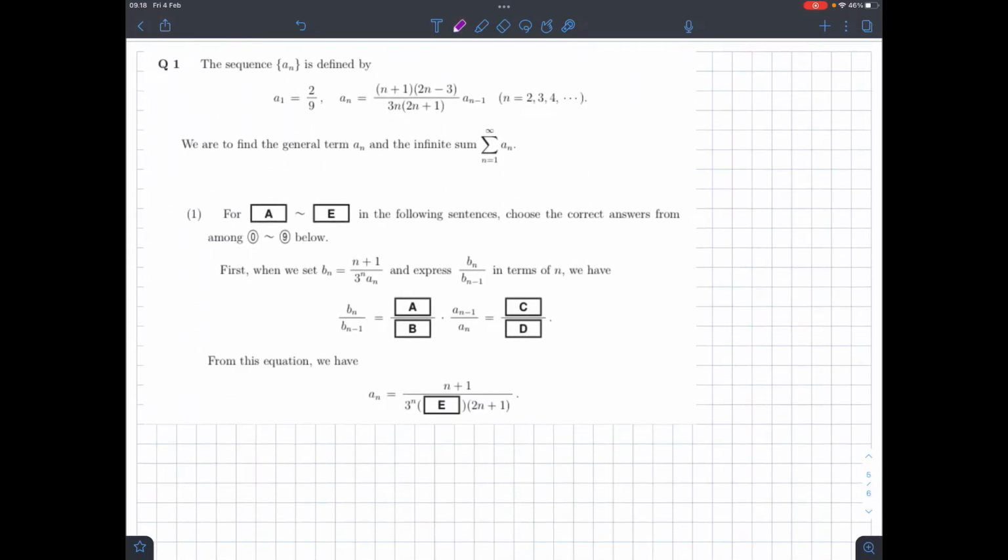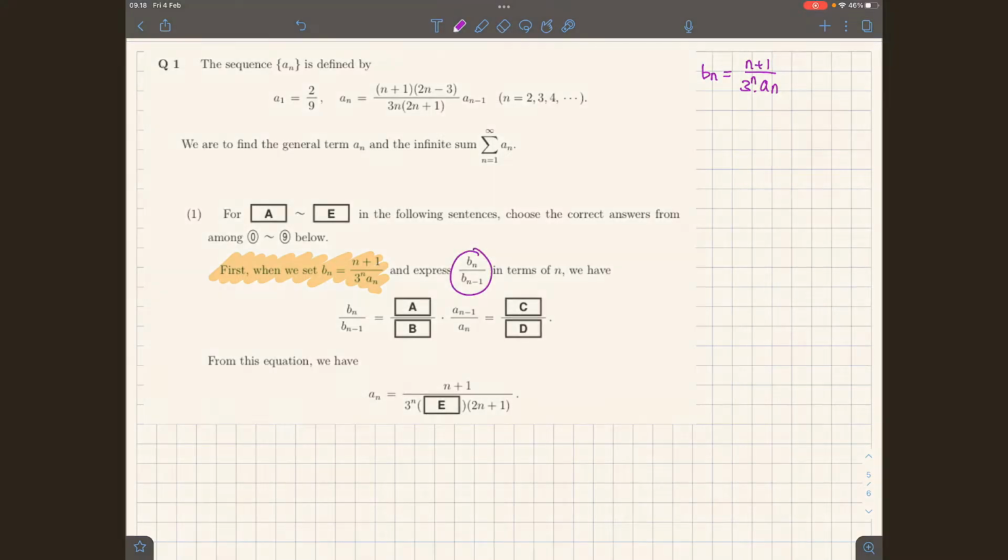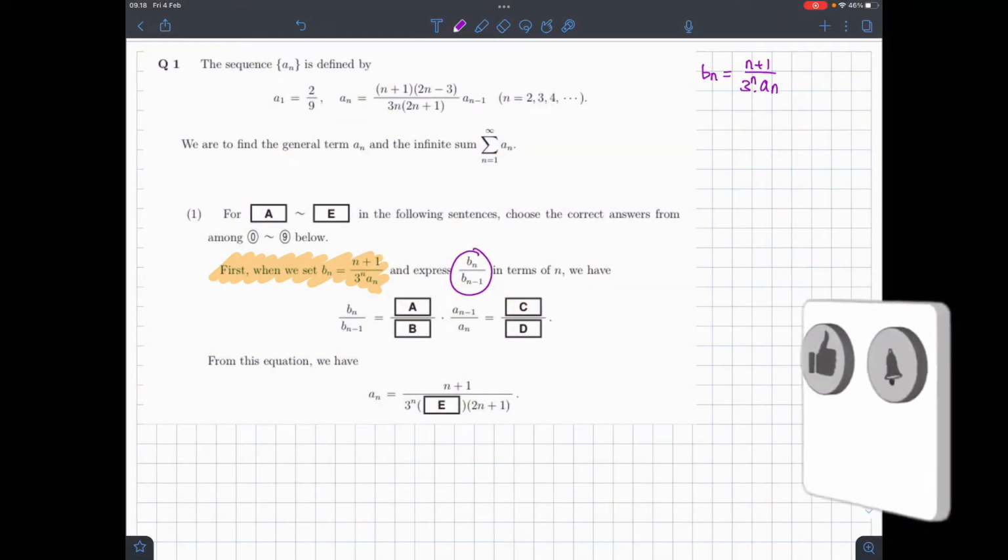We directly start from the clue. We have bn equals n plus 1 over 3 to the power of n times an, and they ask us to express bn per bn minus 1.